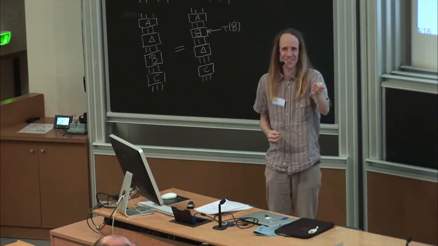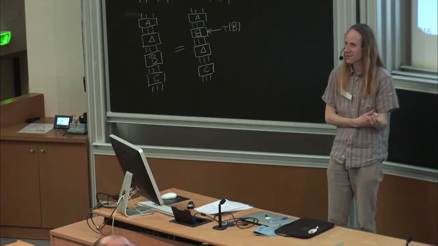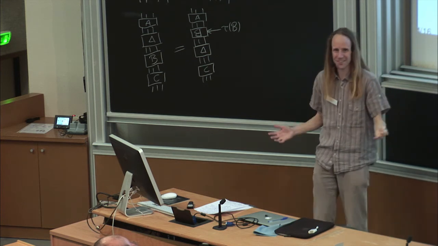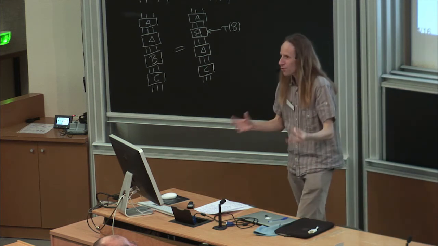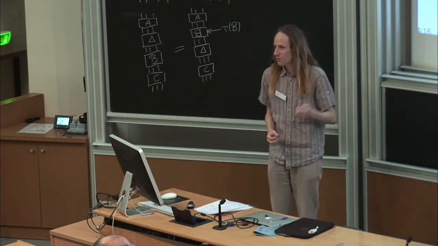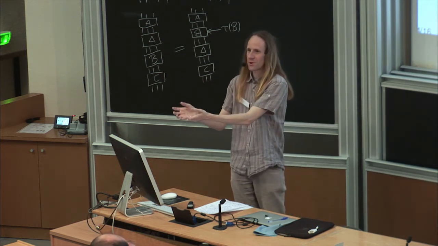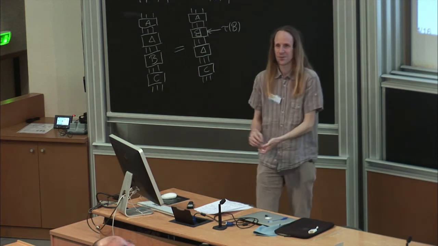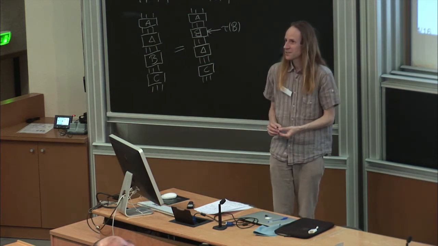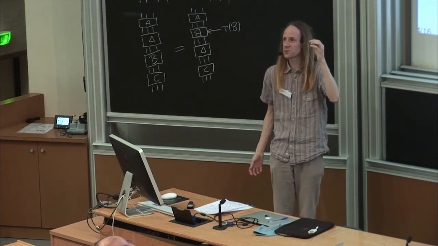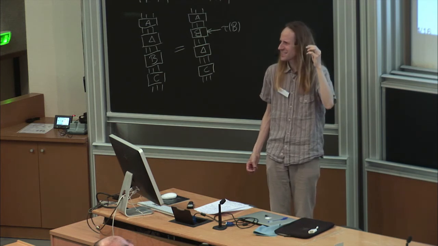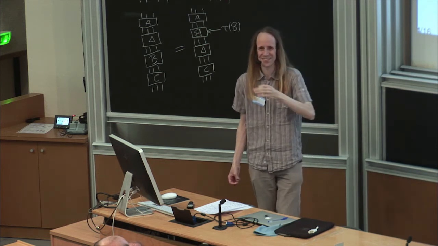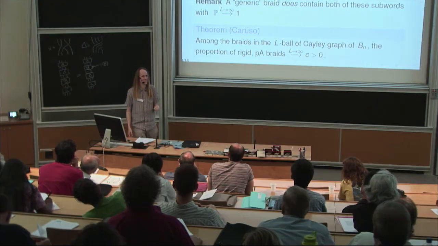So what Sandrine talked about in some detail last night was the justification of that: the proportion of braids which avoid these two sub-braids tends to 0 as the length tends to infinity. Does that make sense? It tends to 0 exponentially quickly.